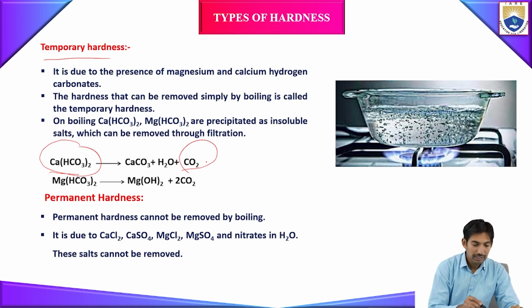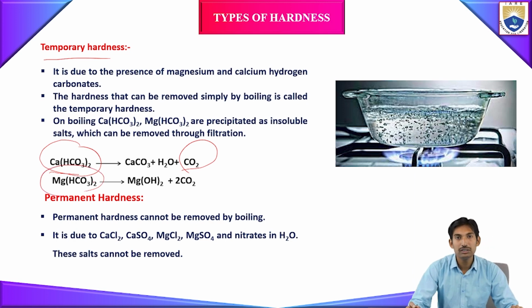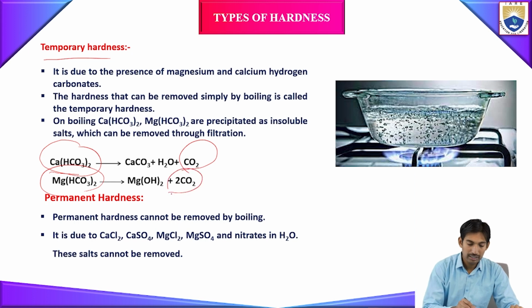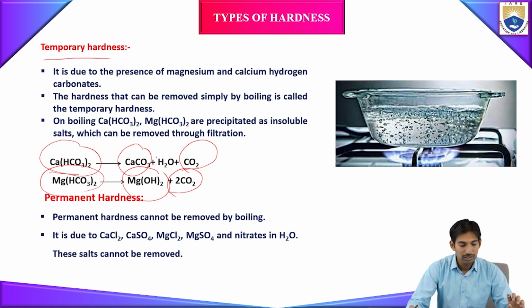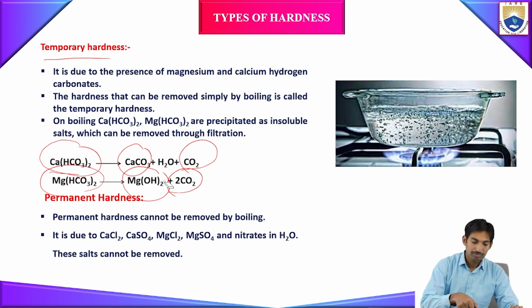Similarly, magnesium bicarbonate on heating forms magnesium hydroxide and releases carbon dioxide. Calcium carbonate and magnesium hydroxide are both precipitates, so by simple filtration we can remove them from the water. In this way, we can remove the temporary hardness.